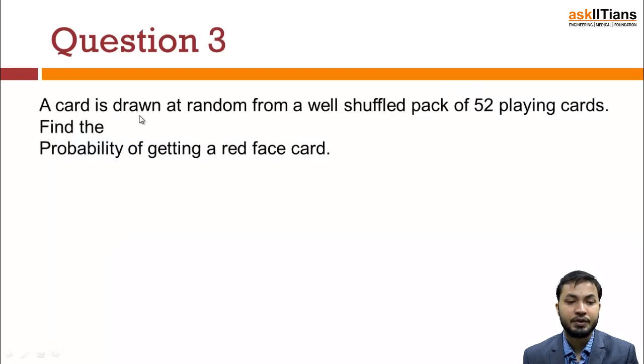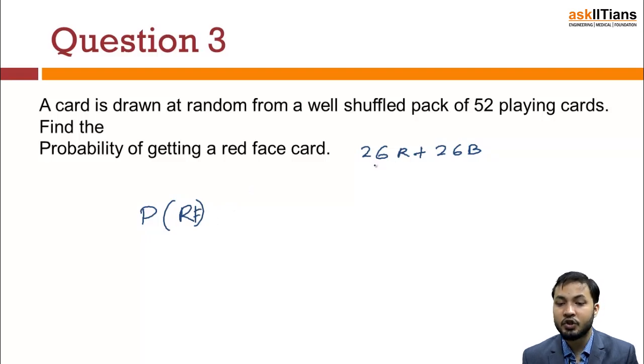Question number 3 says a card is drawn at random from a well shuffled pack of 52 playing cards. I need to find the probability of getting a red face card. Now remember, in terms of cards, what did we know? That there are 26 red cards and 26 black cards. The probability of getting a red face card is being asked.